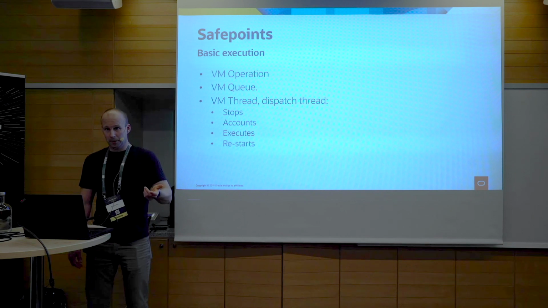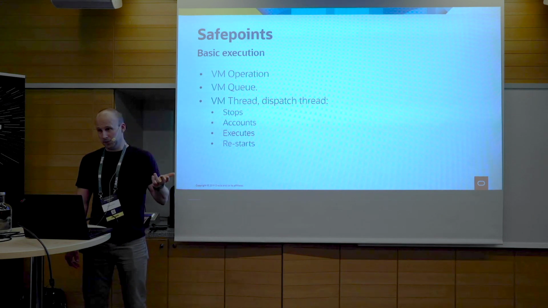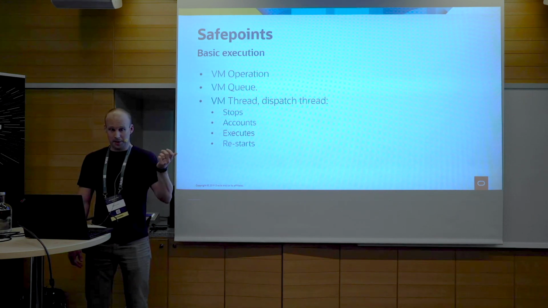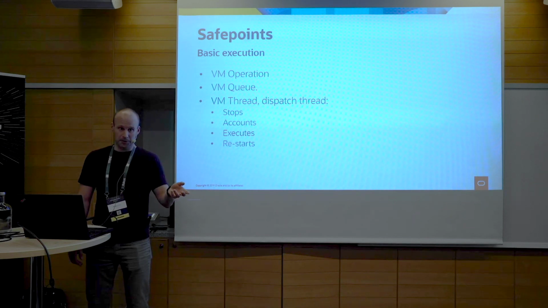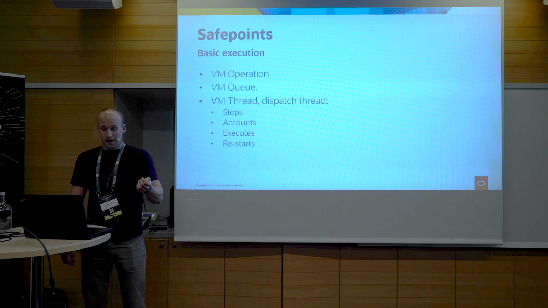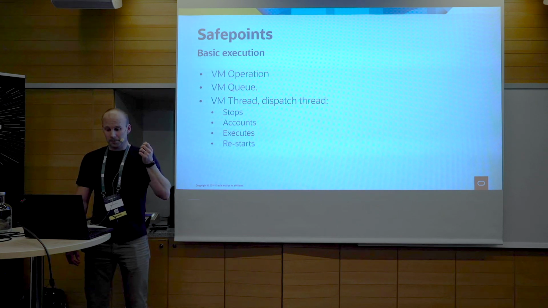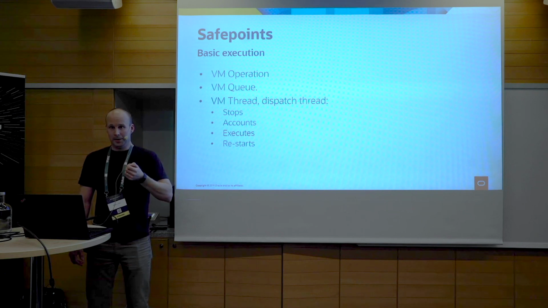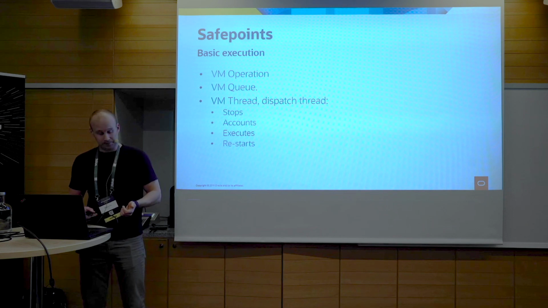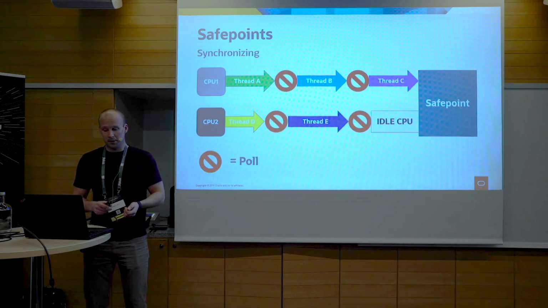First, it stops all threads which need to be stopped, those that are unsafe, and it accounts for all the threads, so it knows which thread it must stop. When all threads are either safe or are stopped, they become safe when we stop them. So all threads are safe, then we execute the safepoint, then we restart all the threads.